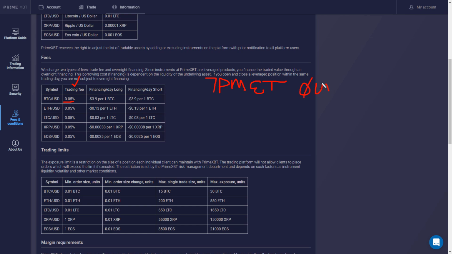So let's say 0 UTC. If you hold a position past that time frame, you're going to get charged $3.90 per BTC to hold overnight. So that's a little bit different from the XBT contract where you weren't charged anything to hold overnight, although typically with a true futures contract, there is a different overnight margin.